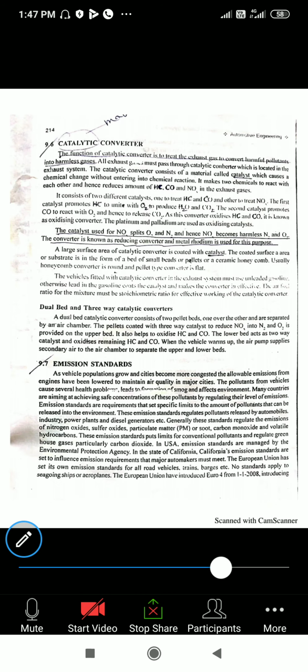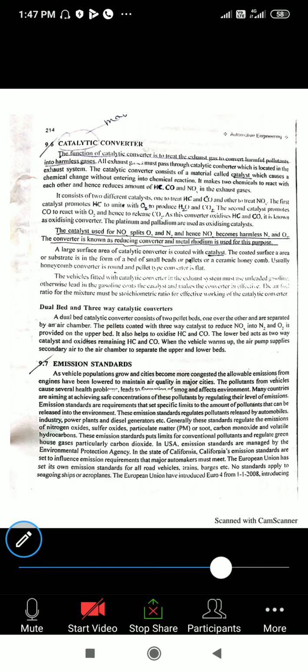Now this is a catalytic converter. The catalytic converter consists of a material called a catalyst, which causes a chemical change without entering into the chemical reaction.